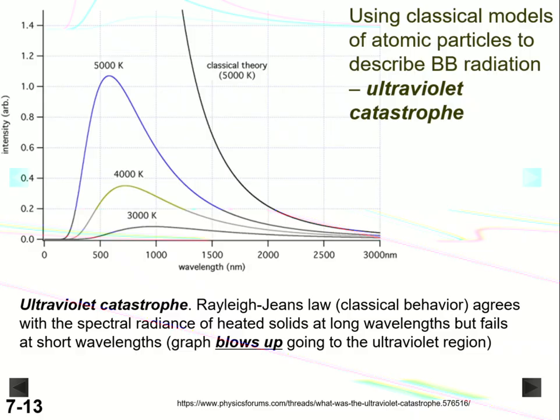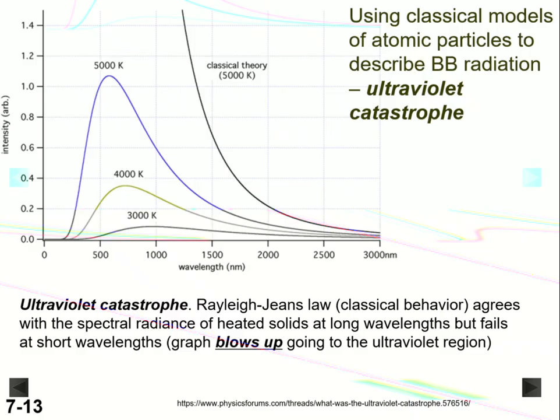Now, on this graph here, on the left side, you see intensity on one side, that's the amount of light coming out, as a function of wavelength. So these are spectral plots. The blue, green, and red show a black body. This is a classic black body.